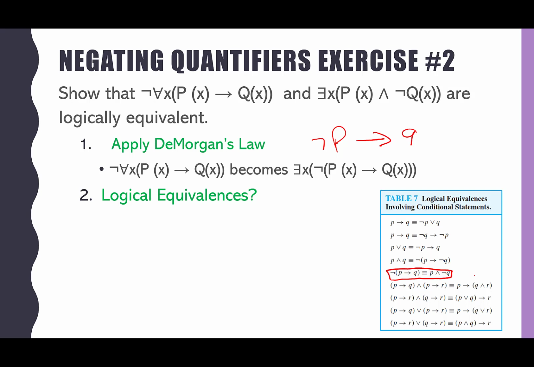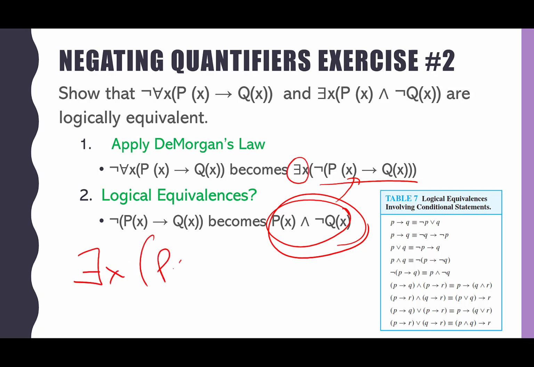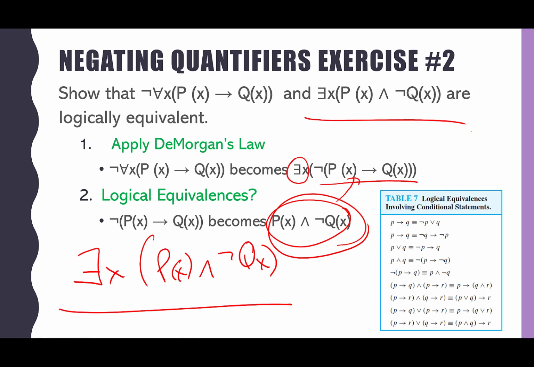All right, so then by applying that rule, this right here becomes that. Agreed? Okay. So if that is that, if I plug this back into here, I now have existential quantifier, P of X and not Q of X. That is that.